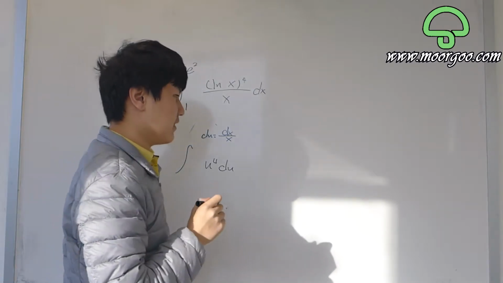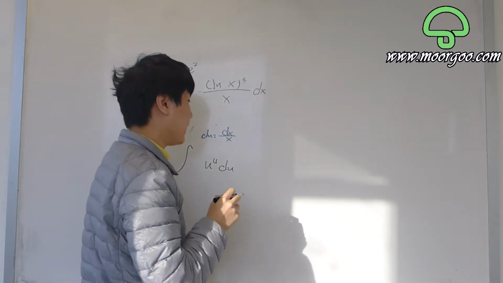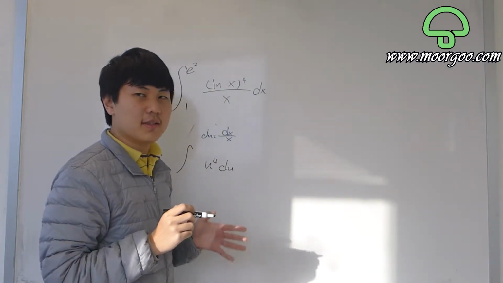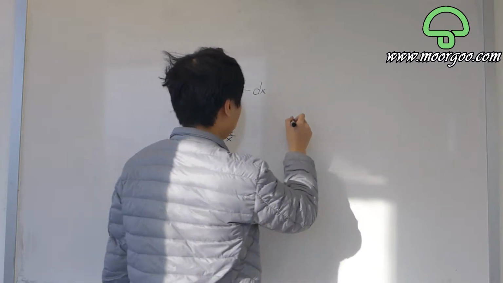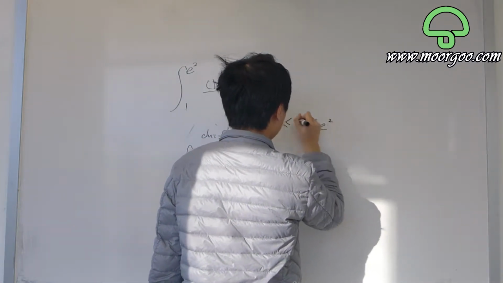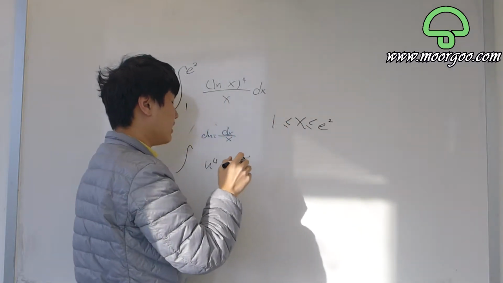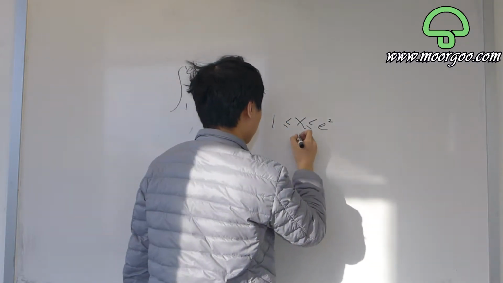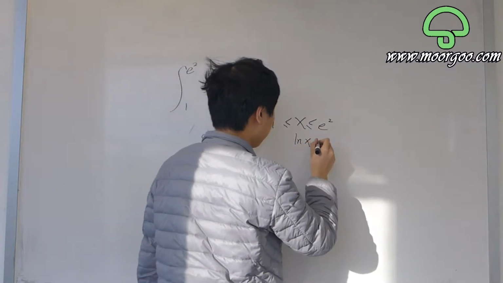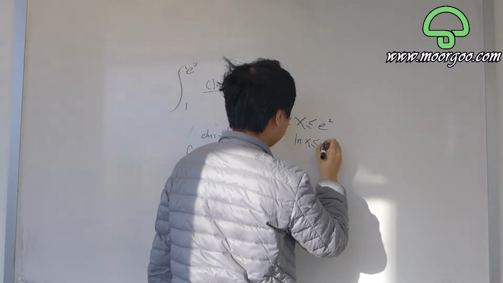Why? Because this is very subtle and you must be careful when you use integration by substitution with definite integrals. If x is bound within these limits, what are the limits of u, which is equal to natural log of x?